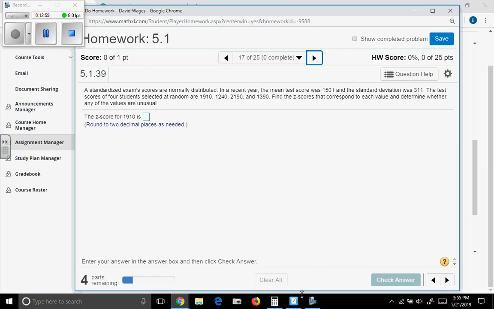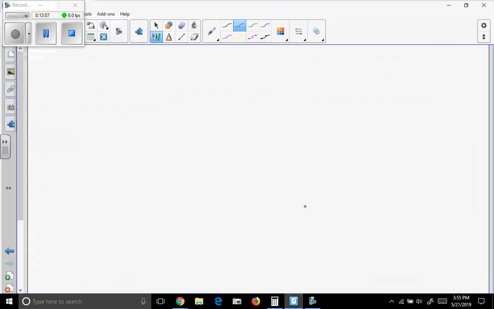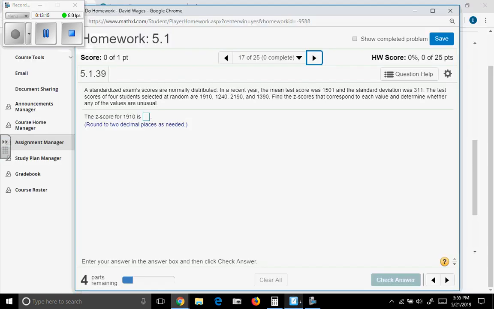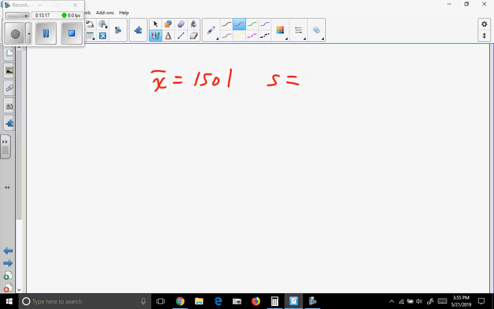So we're told that for a standardized exam, the mean scores have been 1501, and the standard deviation of the test scores has been 311.